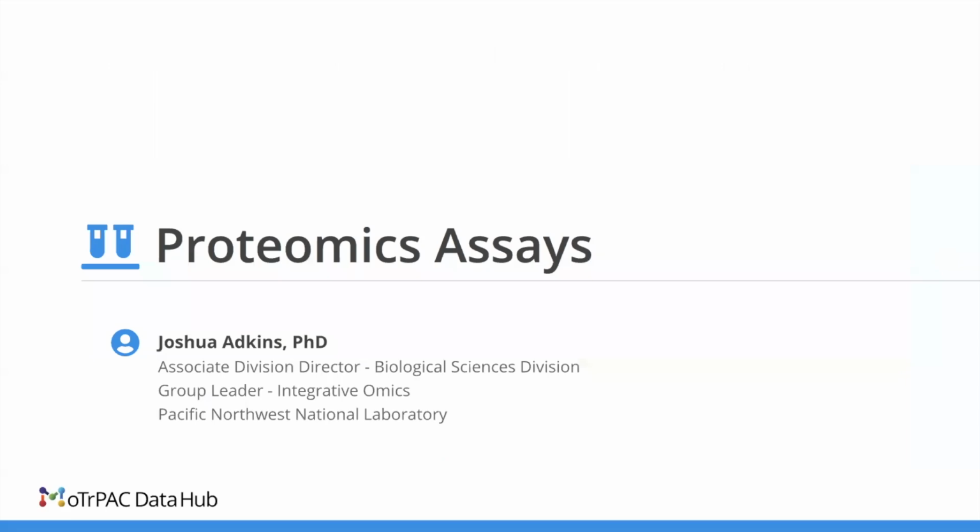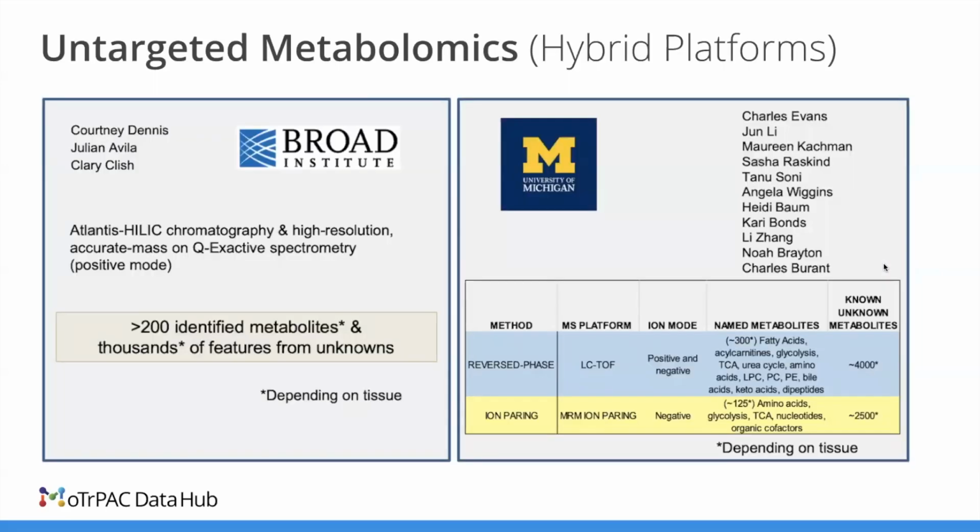And so, oops, one slide back. So you can see the number of named compounds in the parentheses there, and then the class of compounds. And again, both at the Broad and the University of Michigan, the team members are there. And I'll stop there.